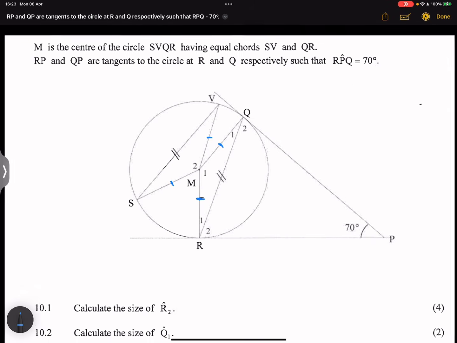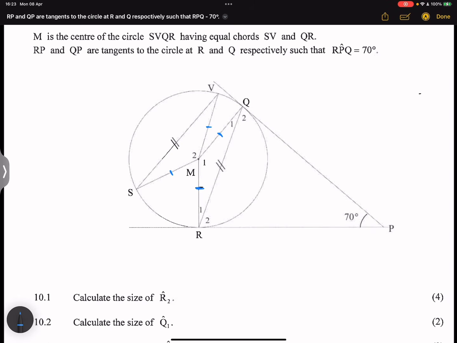Okay, right. And they say to us, they have chords SV and QR. They have equal chords. So we note that SV is equal to QR. Okay, and they say RP and QP are tangents to the circle. Now remember, we did say that if you've got two tangents that meet at the same point outside the circle, then what do we note?